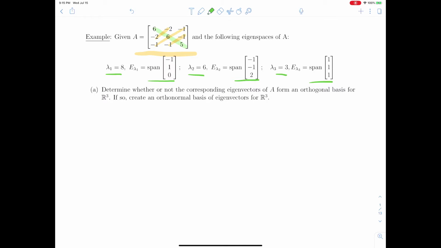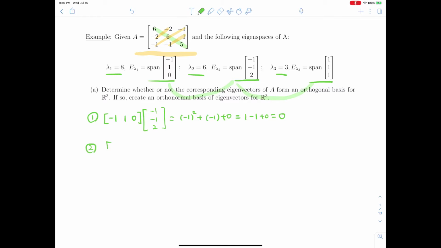So let us see what happens when you take the dot product of vectors in different eigenspaces. First, the dot product of (-1, 1, 0) and (-1, -1, 2) gives you 1 minus 1 plus 0, which is just 0.